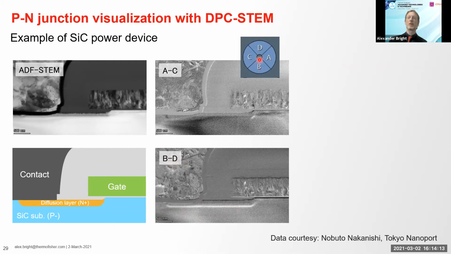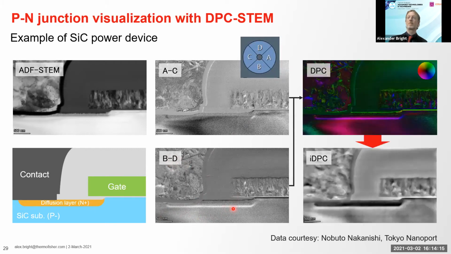So this is the vertical electric field measurement. And if I integrate, this forms an iDPC image, you can see this black region here corresponds to the diffusion layer. So it's possible to visualize the diffusion layer and see PN structures using this DPC STEM technique. Although so far we think you need quite high concentration of dopant in order to be able to see it clearly.